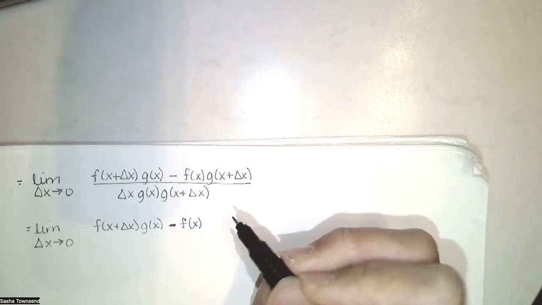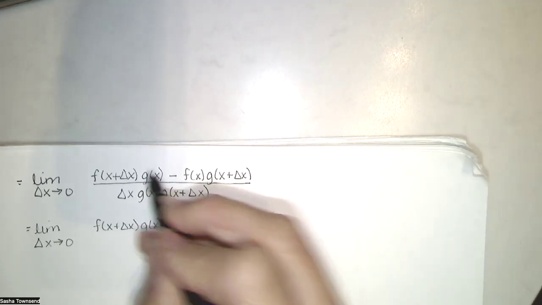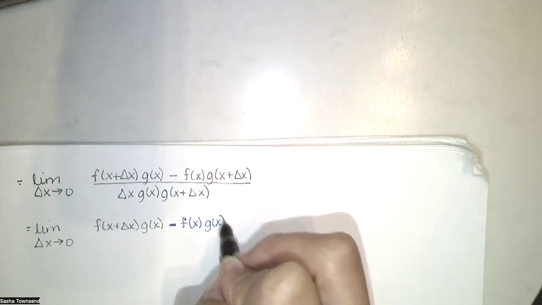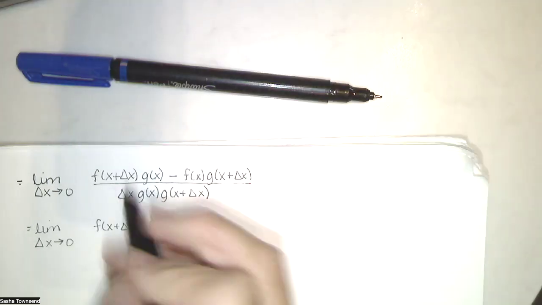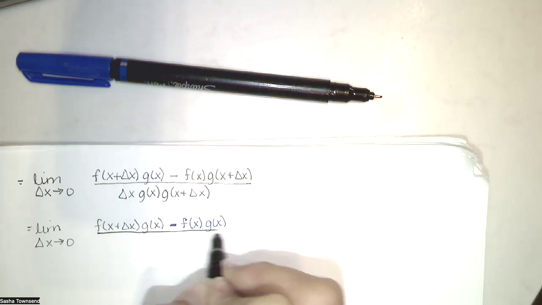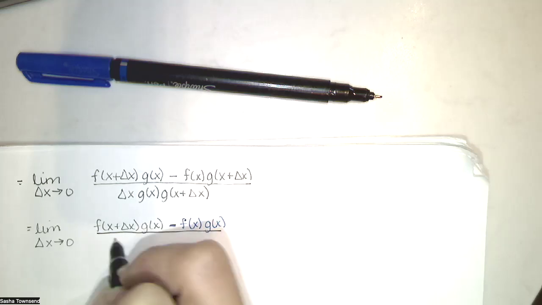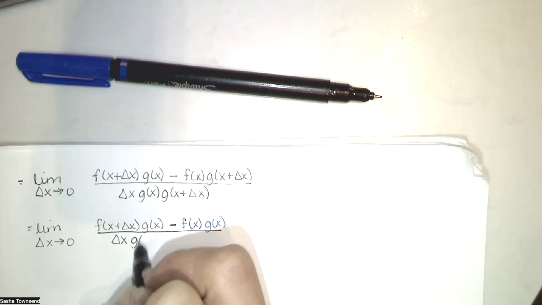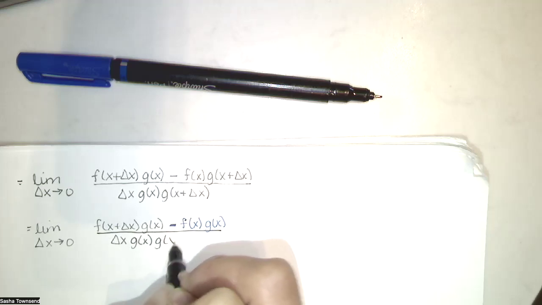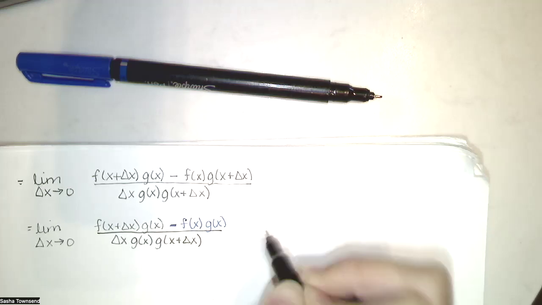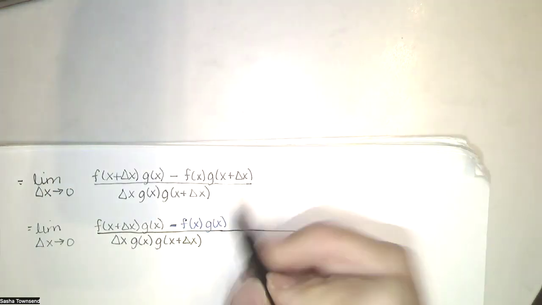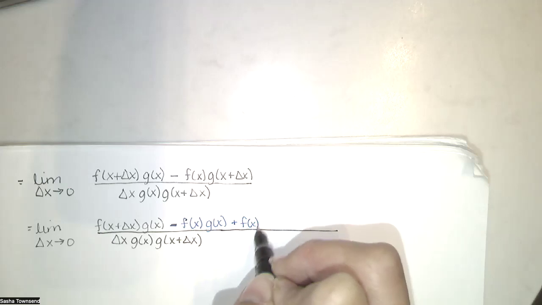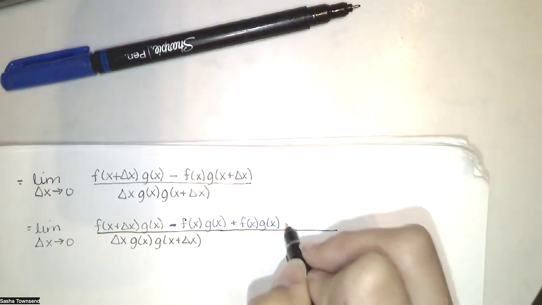So I need an f of x times g of x here, and that's all divided by delta x times g of x times g of x plus delta x. And we're subtracting that there, so we need to add it to compensate. That way we don't change the numerator at all. It's just the exact same thing.